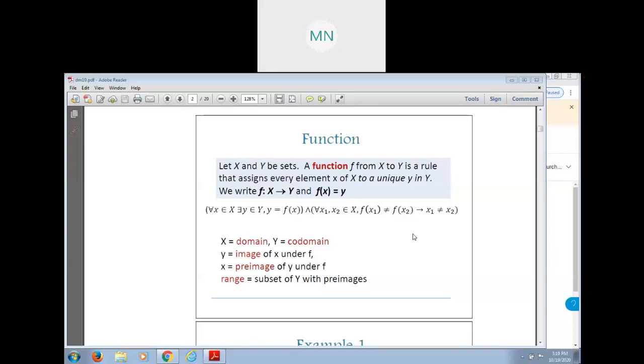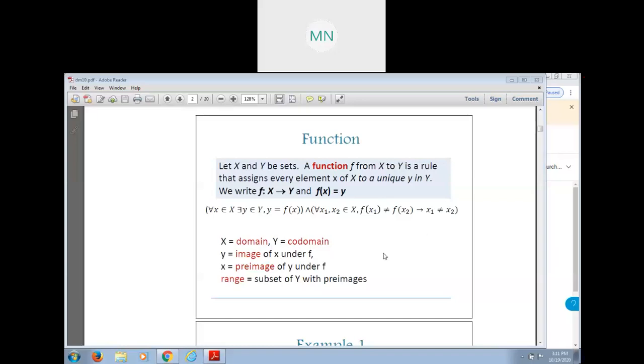But when we discuss function, each and every element of the first set must be associated with the second set, and each has a unique element in Y. Here the first set is the domain, and the second set is called the codomain. But in case of relation, we cannot say that the first set is the domain.